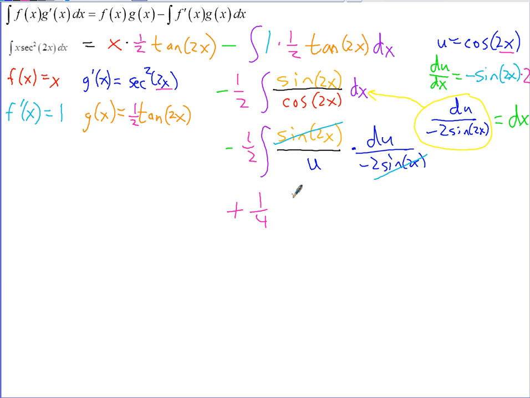And then notice all we're left with is the integral of 1 over u. Integrate. So when you integrate 1 over u, you get natural log absolute value of u, and then we'll have the plus c. And then don't forget, on these indefinite integrals, remember you have to substitute u back in.